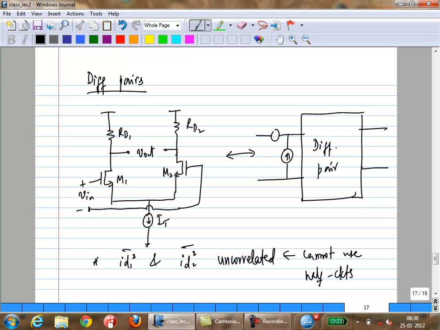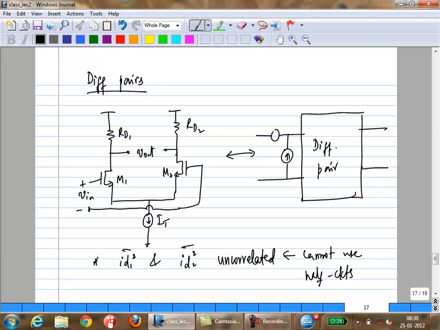Why? All the current flows through? Okay. So the current will basically split equally on both sides, the current noise. So at the output, it will appear as a common mode noise. If your circuit is completely symmetric, the differential noise goes to 0. Right?